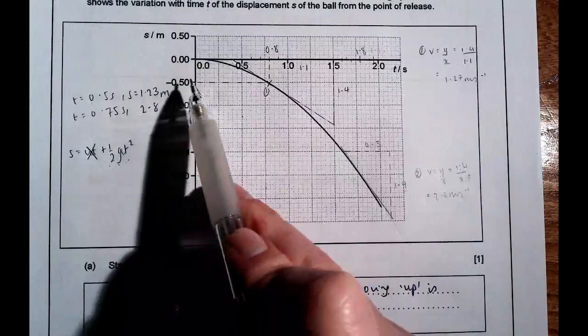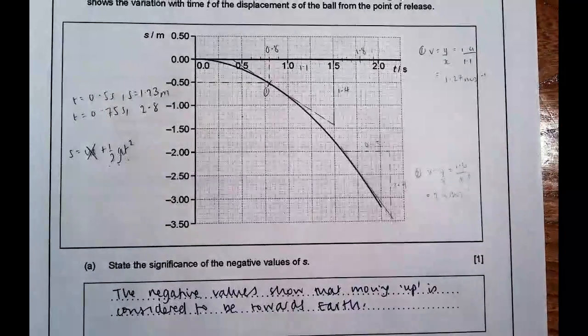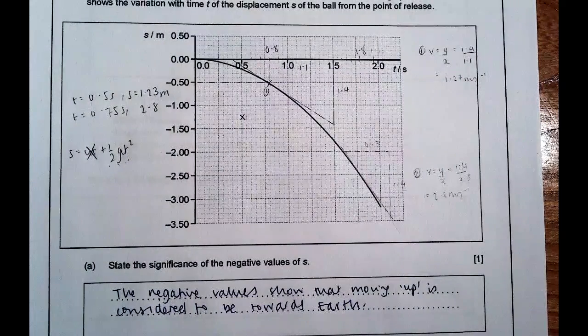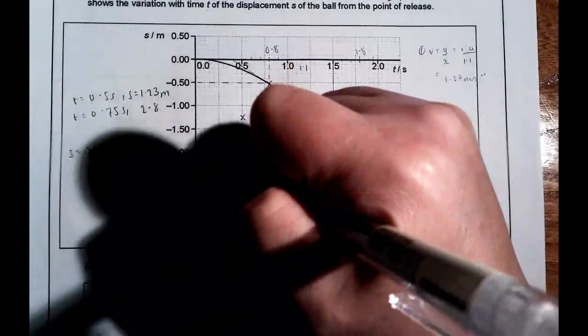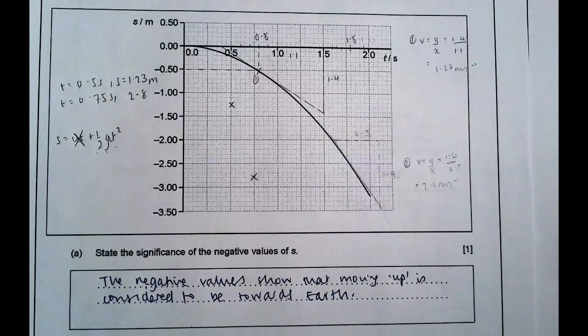And then I can plot those points to give me a guide for the shape. So you can see t is 0.5, s was roughly 1.23, so that's about here. And then at t is 0.75, I get 2.8, which is here. Sorry, it's gone a little bit blurry. There we go.